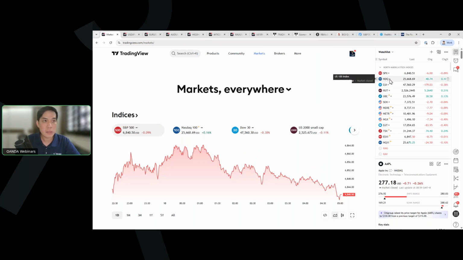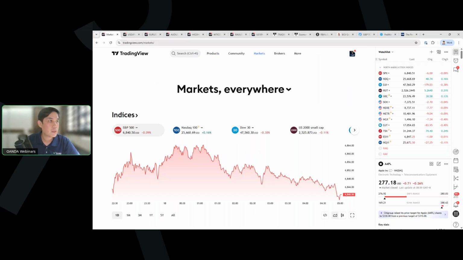The outlier was the Nasdaq 100, which gained 0.16%, as well as the much more highly levered balance sheets of the Russell 2000 small cap companies, which will potentially benefit more from a dovish Fed, given that they are much more highly leveraged compared to the mega cap technology stocks listed inside the Nasdaq 100 and the S&P 500. The Russell 2000 gained 0.21% yesterday. So net overall, it's more like a price action consolidation, in my own opinion, rather than the start of a medium-term corrective decline phase for the major US stock indices.